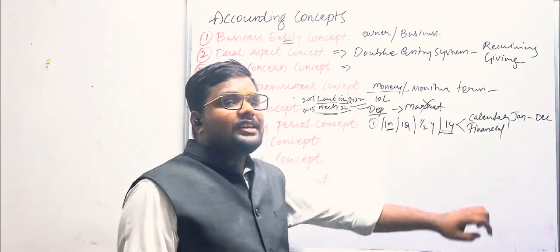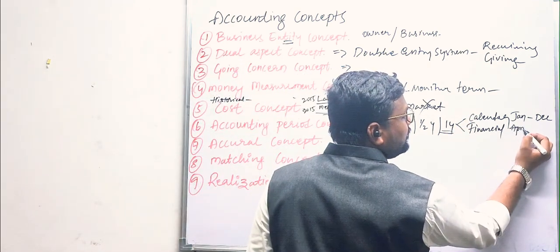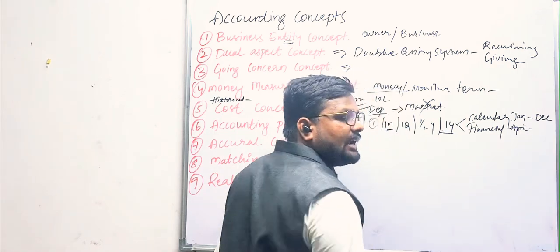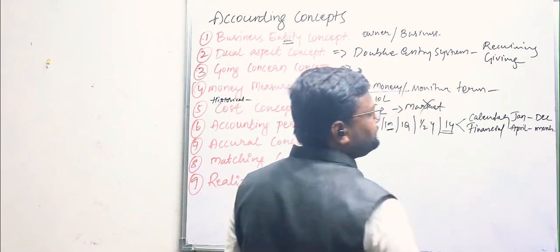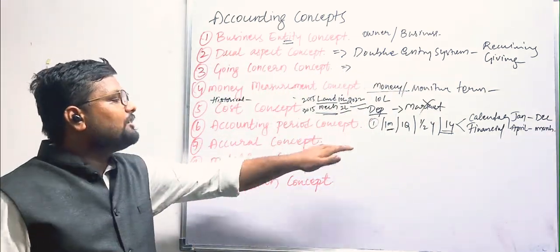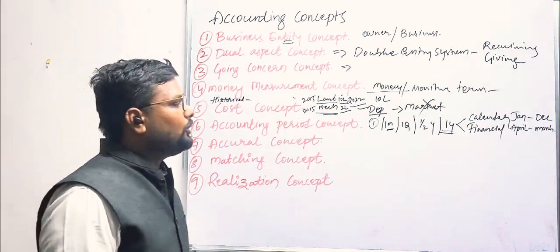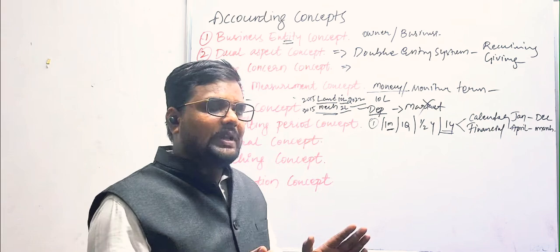But the financial year starts in the month of April, 1st April, and ends by March. So the accounting period concept is telling that you need to follow one particular period of accounting.